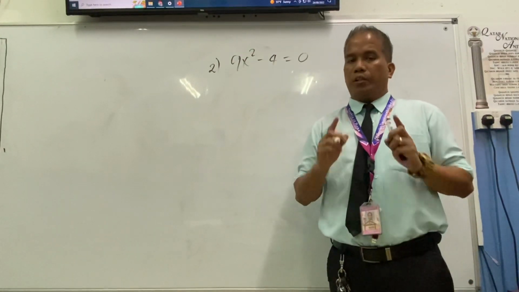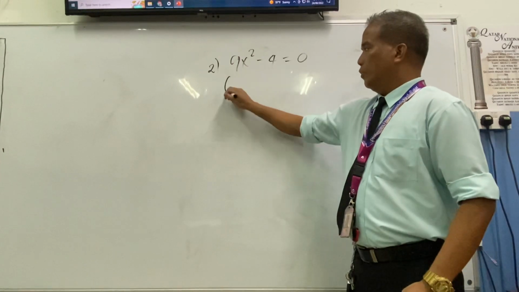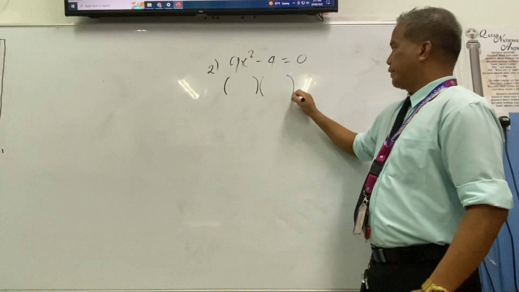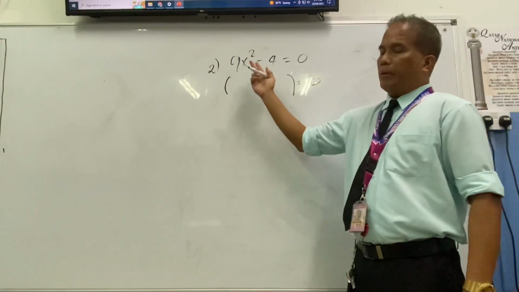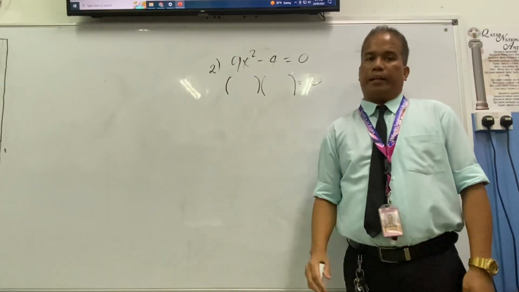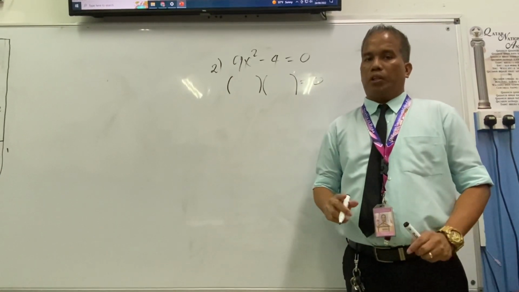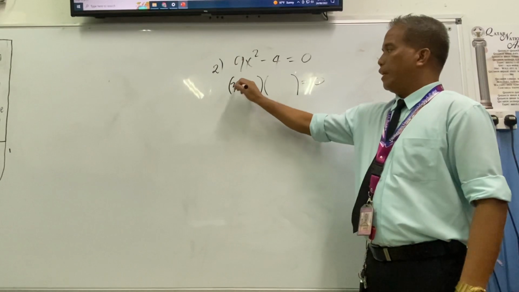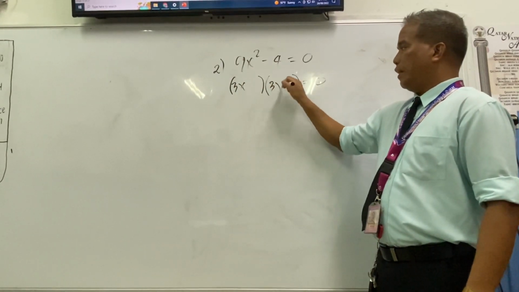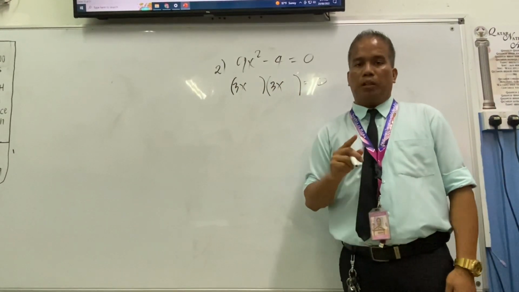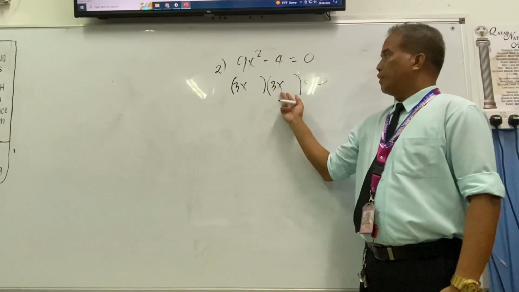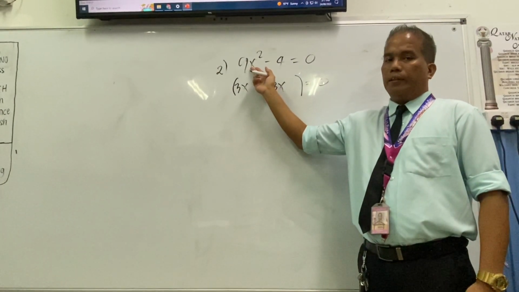Now, if we use factoring, you're going to write two parentheses here. Then find the possible factors of 9x squared. So the factors of 9x squared are 3x and 3x. Why? Because if we multiply 3x times 3x, the answer is 9x squared.